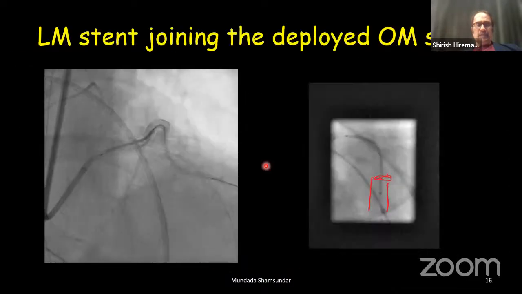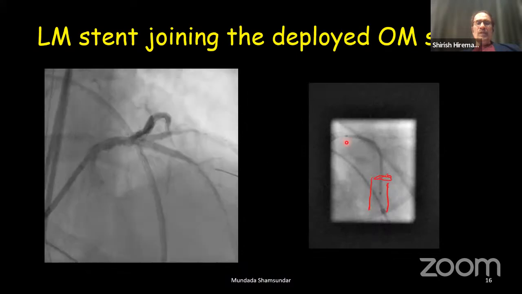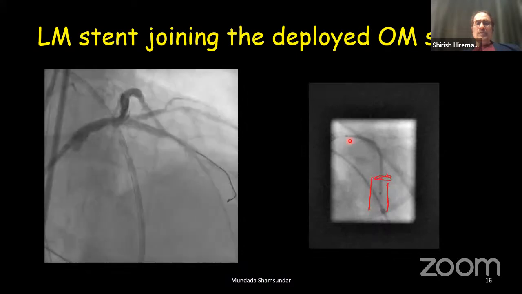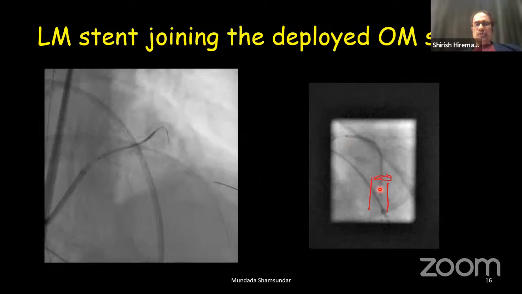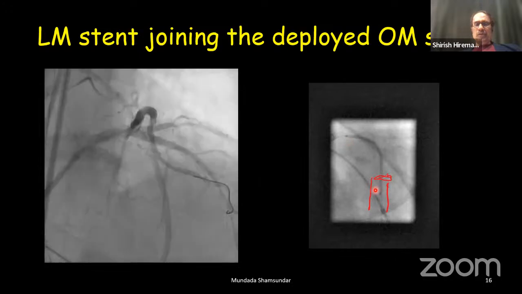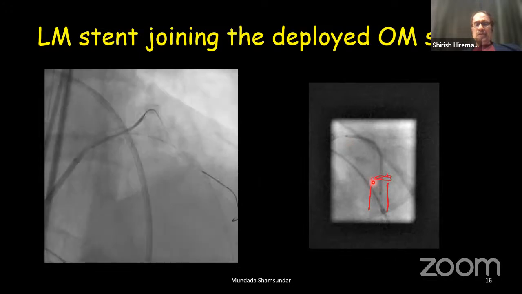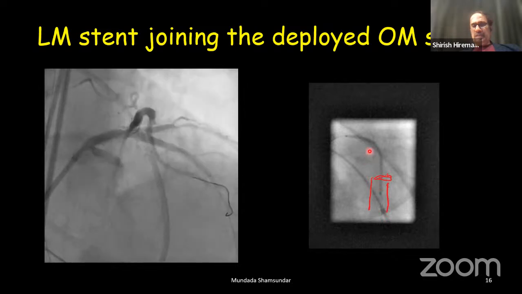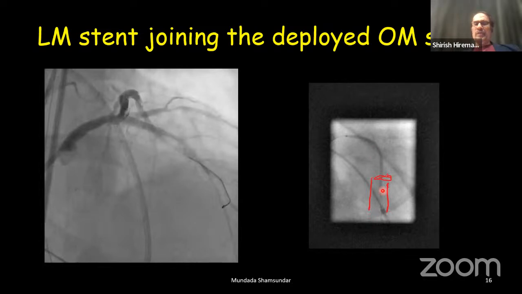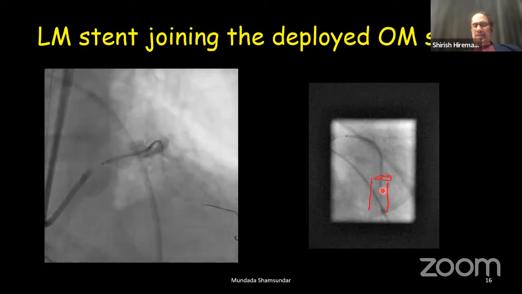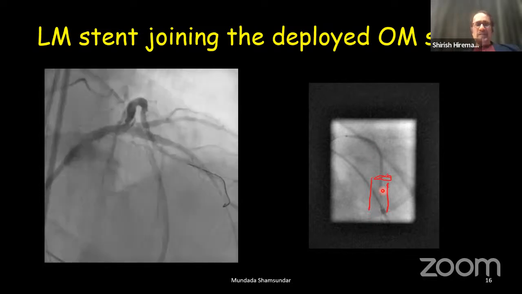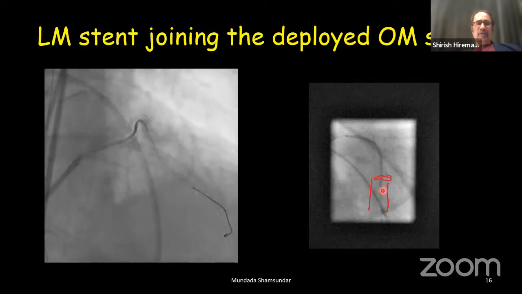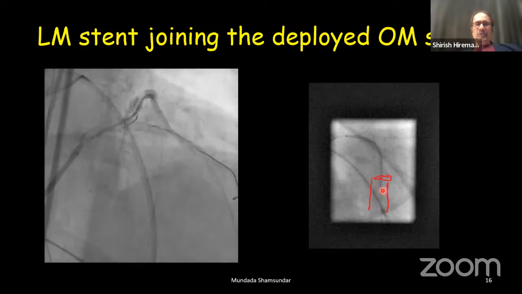Now, we made sure that the 4.0 stent gets into the deployed 3.5 stent here. This is very important because if at the end of it, you end up with a dissection related to this stent, I mean, it's an anxiety, it's a lot of sweat to put a stent in that location.